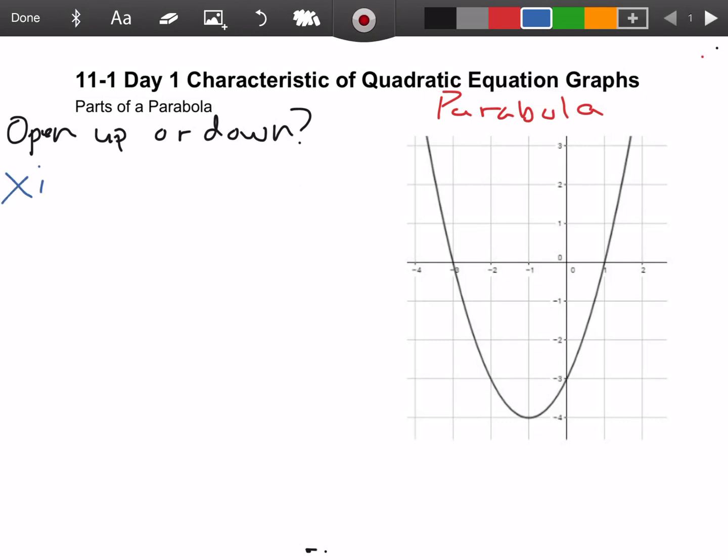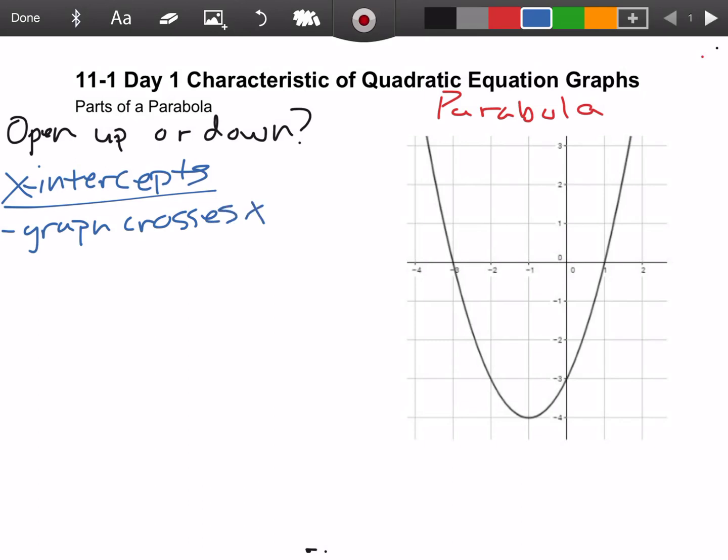So here, the next thing is what we call x-intercepts. That would be where the graph crosses the x-axis, and that would be these two spots right here.